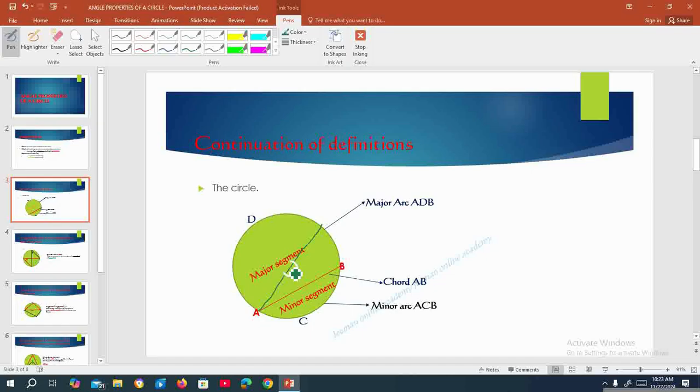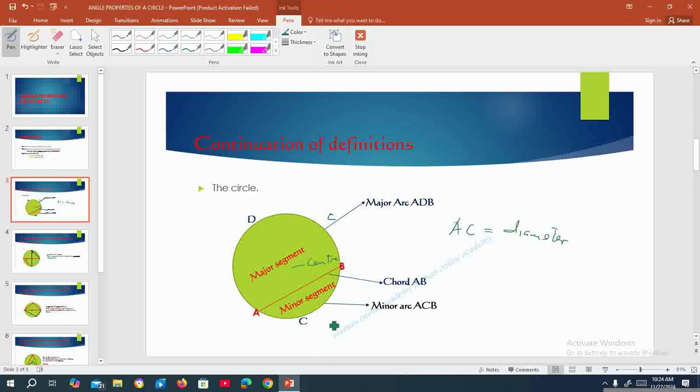If we say this point is the center of the circle, we call this point C, then AC will be the diameter. And now it cuts the circle into two equal halves.